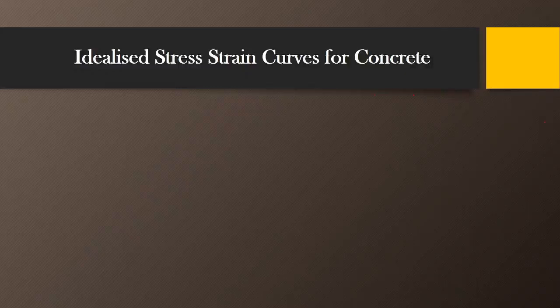But while using this data for analysis, we cannot adopt it as it is. So we need to do some minor changes. That is, we have to convert these actual curves into ideal curves.